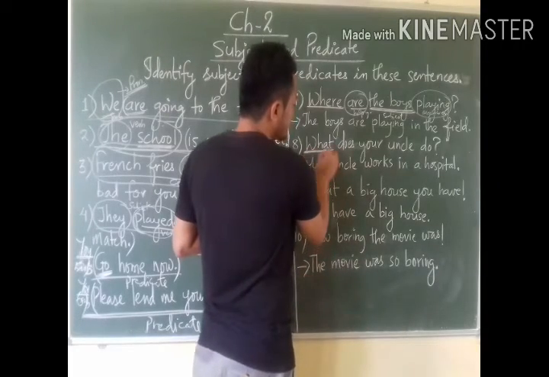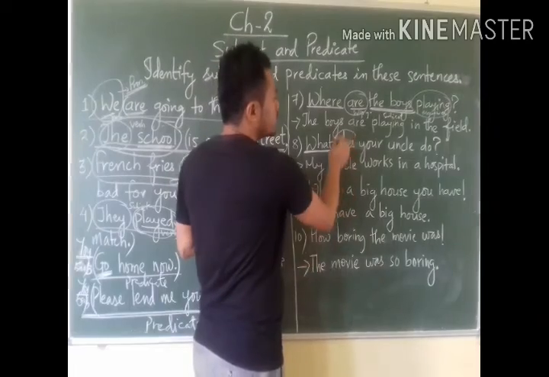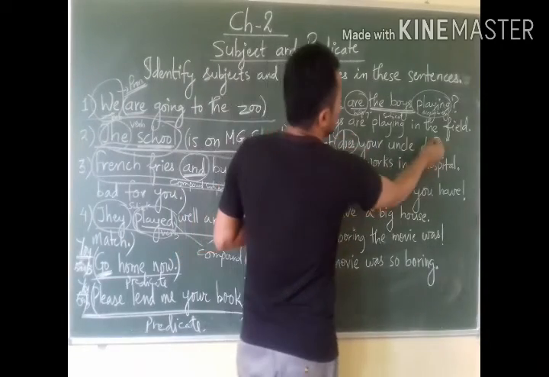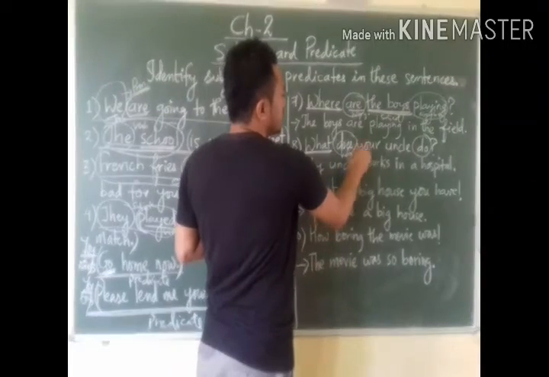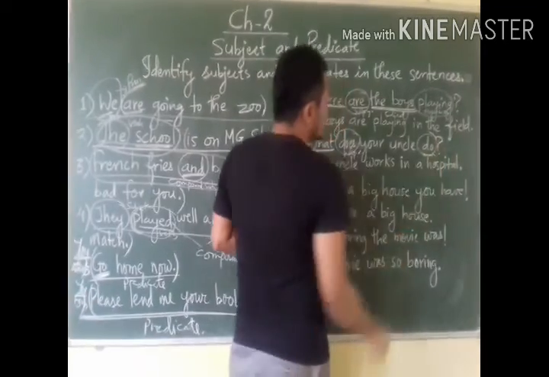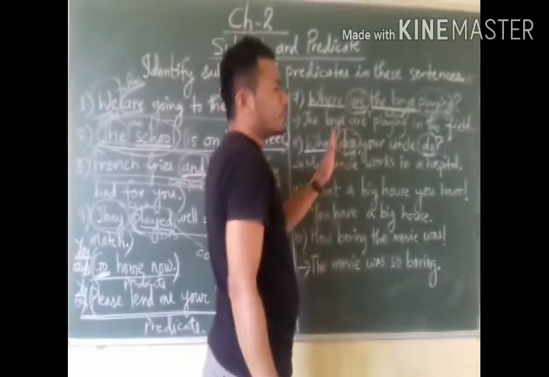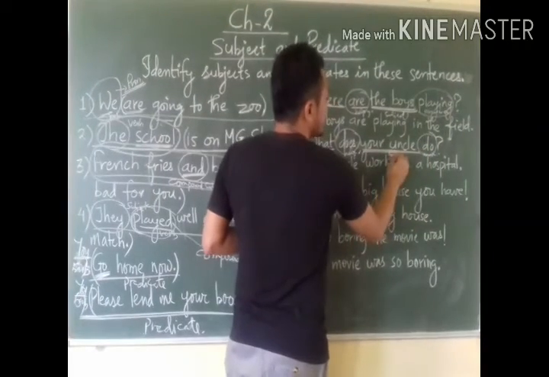Here, does is the helping verb and do is the main verb. So between these two, the helping verb and main verb, we have your uncle. That means your uncle is the subject here.